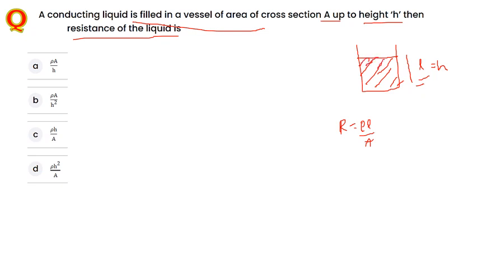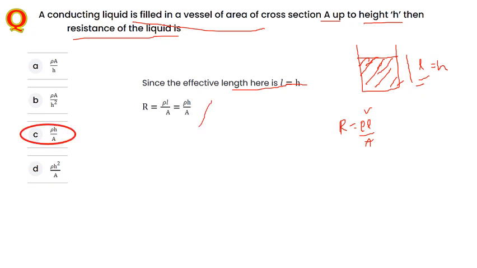That one we are going to find out knowing the value of the area of cross section of the cylinder, and even the density of the material we can find out here. For this one, simply you are going to replace over here. See, the effective length here is L is equal to H. From this one, you just replace here. So what you are getting, that answer here is R is equal to ρH divided by A.